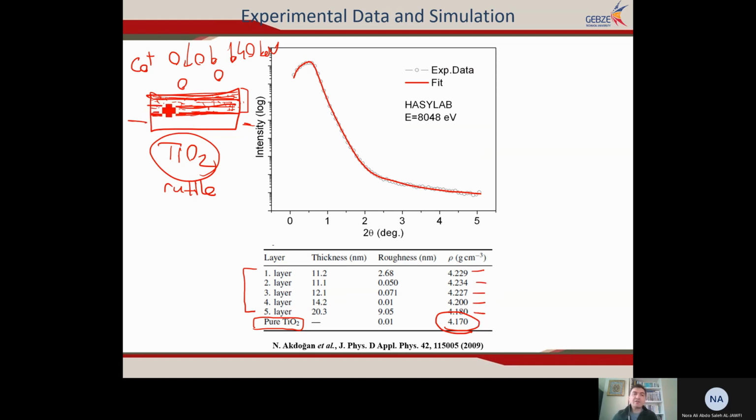Depending on the concentration of the cobalt within this region, here we have experimental data with circles, and here we have the red curve, the simulation.